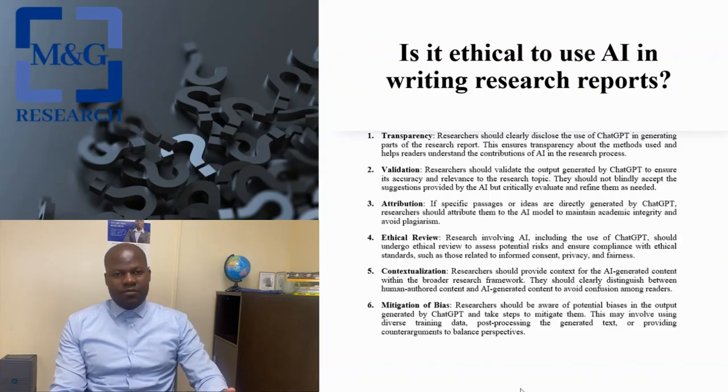Then the mitigation of bias. There are different types of biases: gender bias, sexuality bias, race bias, all those biases. More often than not, the content produced by AI tools, because it doesn't fit within the context within which we are conducting that research, tends to cross the boundaries of biases within specific contexts.